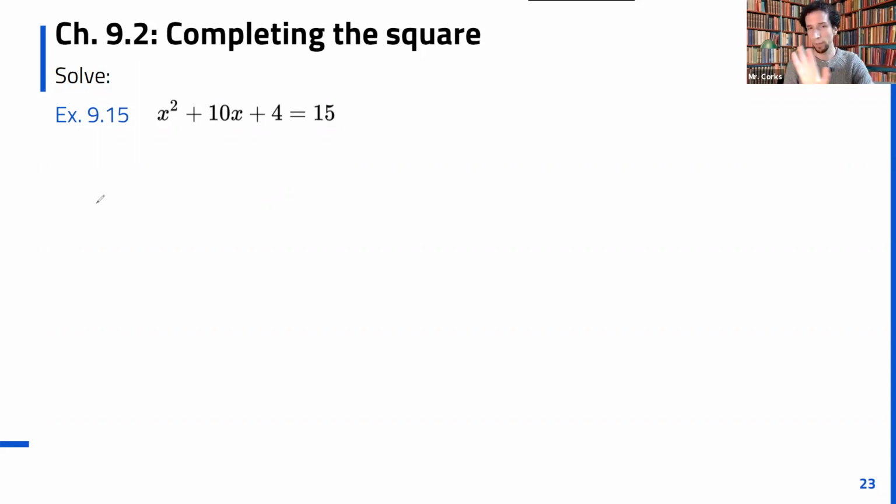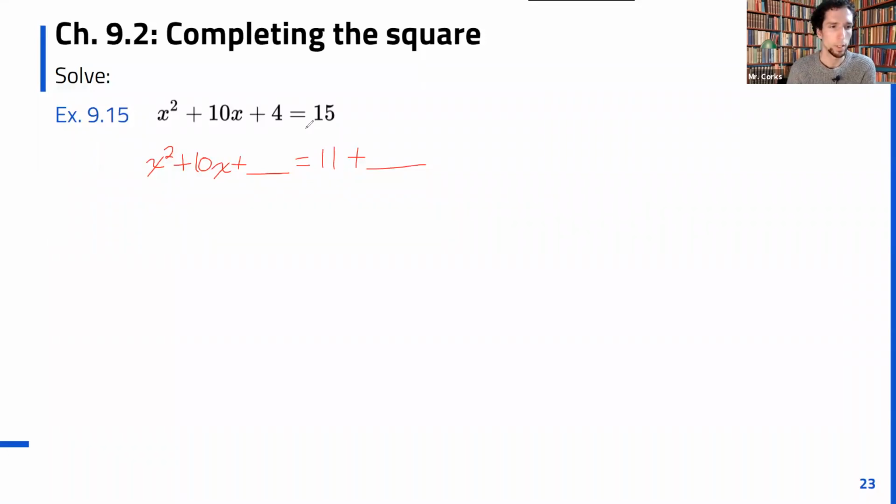I'm just going to keep it with the more straightforward solution. The numbers are going to work out the same anyways, and it really is just one tiny little extra step. So let's get rid of the 4 because we are going to want x squared plus 10x plus something equals 15, move over the 4, so 11, and then plus that same something. What is the something that we would put in here?